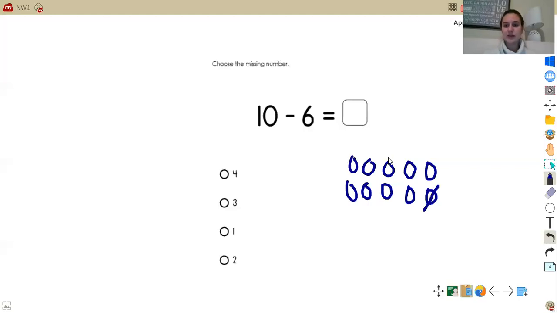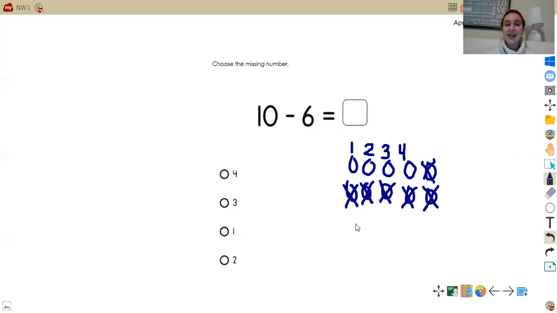1, 2, 3, 4, 5, and 6. And then I'm going to label what's left over so I don't make any mistakes here. 1, 2, 3, 4.